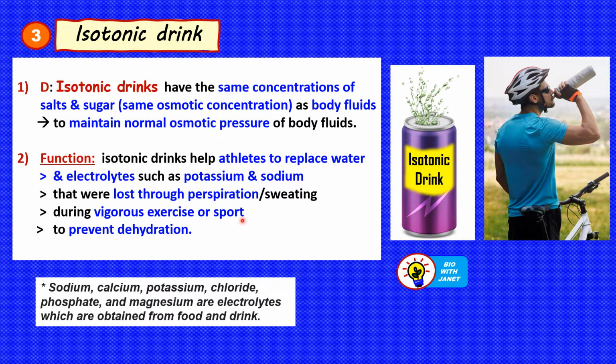If we don't drink enough water and get enough electrolytes from the food we eat, it can cause dehydration and it can cause electrolyte imbalance in our body, which may affect the health of the body. So after sweating, it's good to replace the water and electrolytes that are lost by drinking the isotonic drinks. This is one of the ways to replace the electrolytes and the water that's lost.